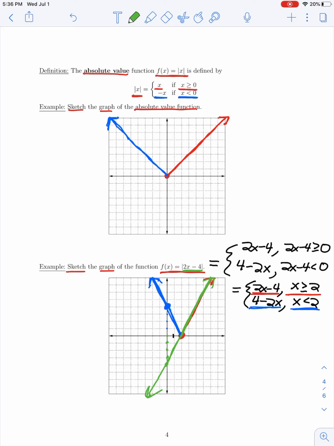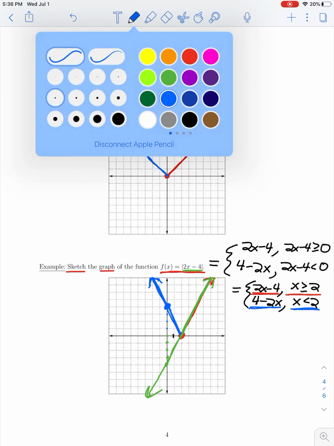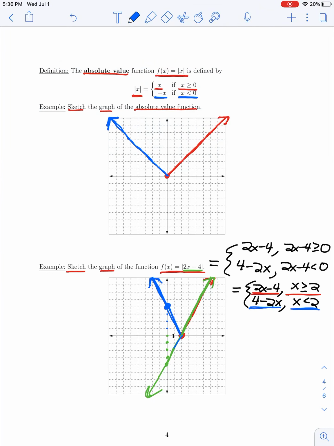Now let's think about what the absolute value does to a quantity. It takes any negative number and it makes it positive. So the part of our graph which was falling below the x-axis, that is where we have negative y values, we're going to reflect that about the x-axis to get this positive segment.